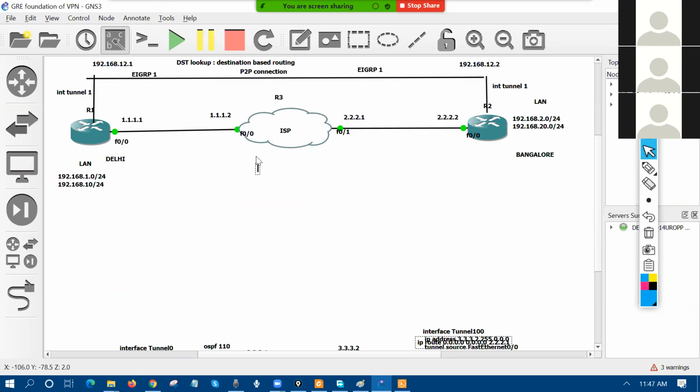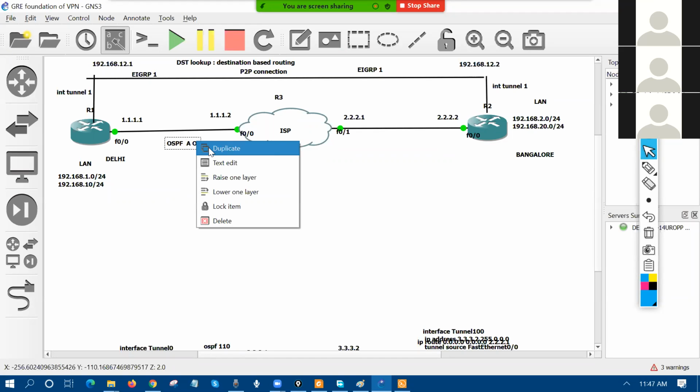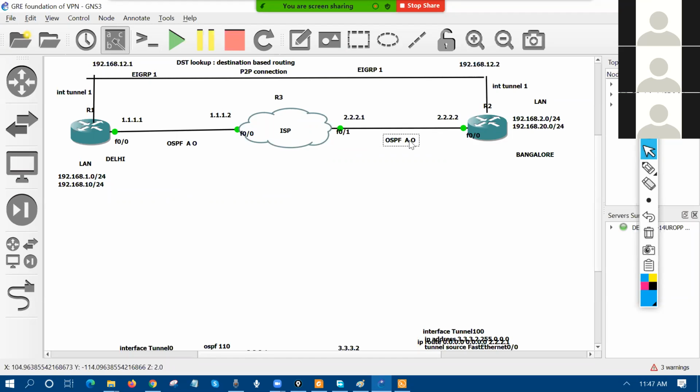So I'm going to run OSPF area 0, this guy. And this should be the same from the other side. In OSPF, I'm only going to advertise my public addresses to make a reachability.